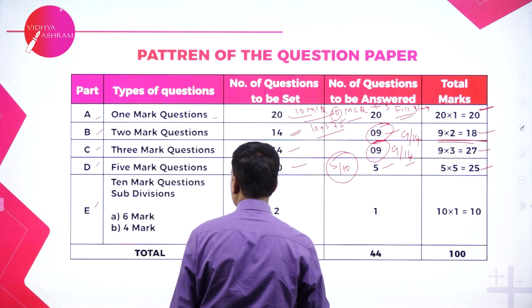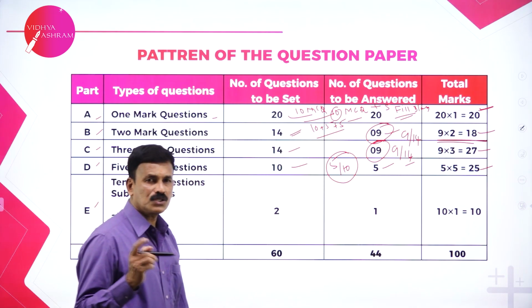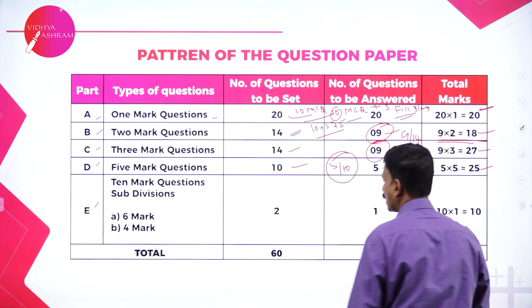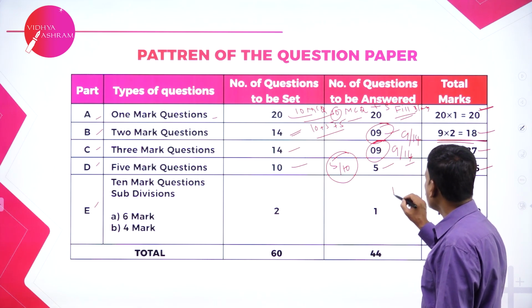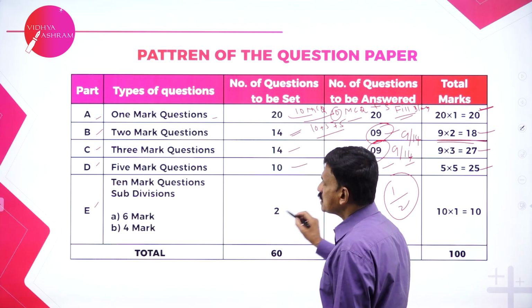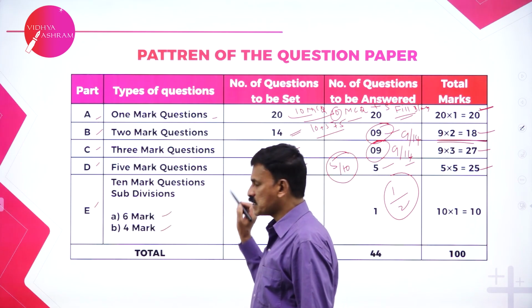And the last part is part E. In part E, there are 2 questions, and you are going to answer any one. The questions are split like this: one 6 marks question and one 4 marks question.